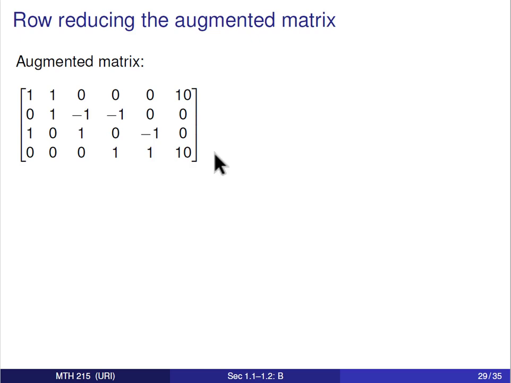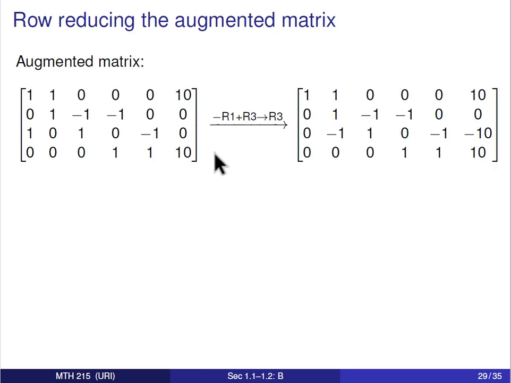Remember, step 2 was to use elementary row operations to put that matrix in echelon form. That means I need to get a 0 underneath this leading entry. So I'm going to take -1 times row 1 and add that to row 3.